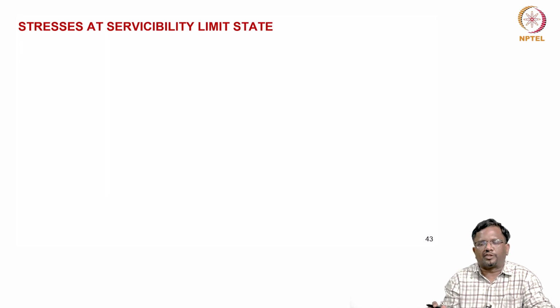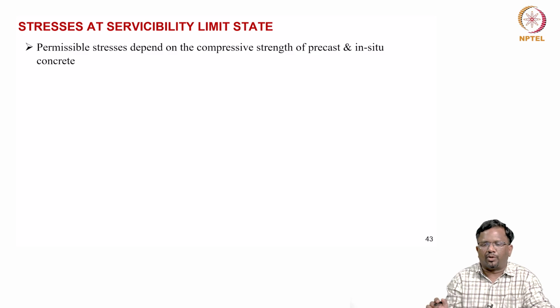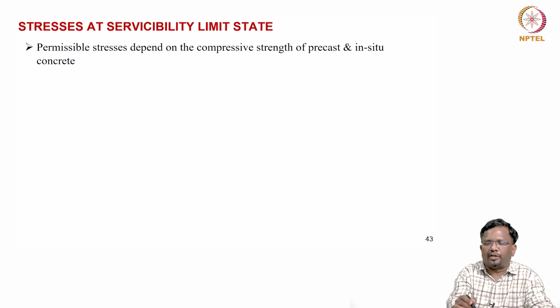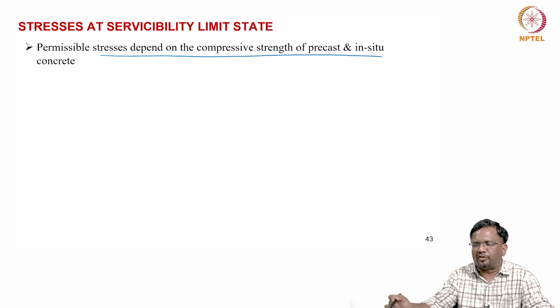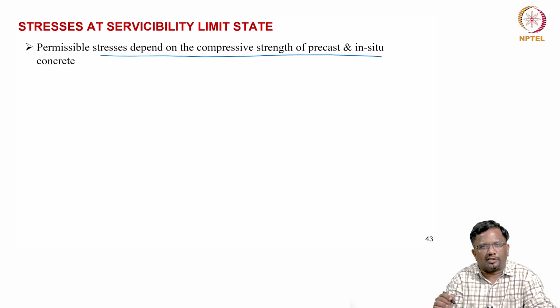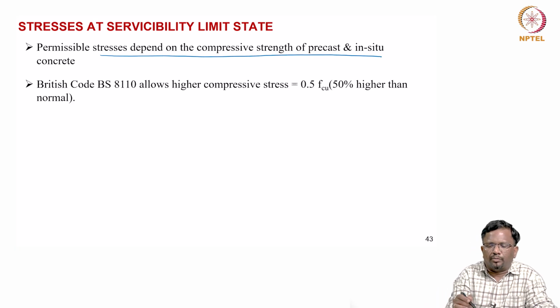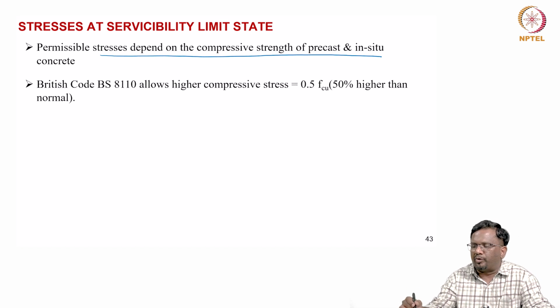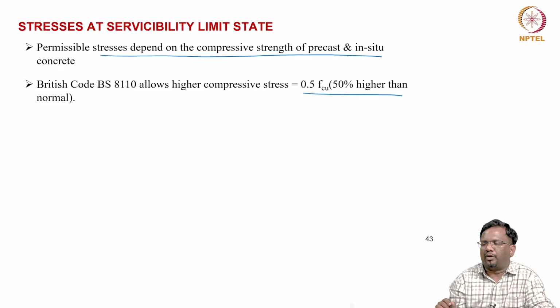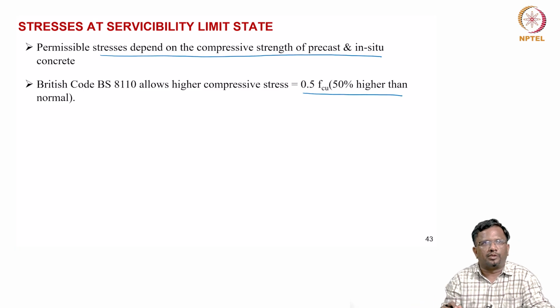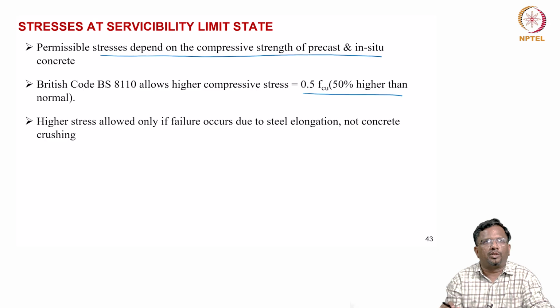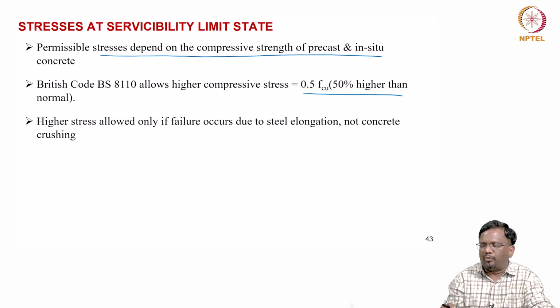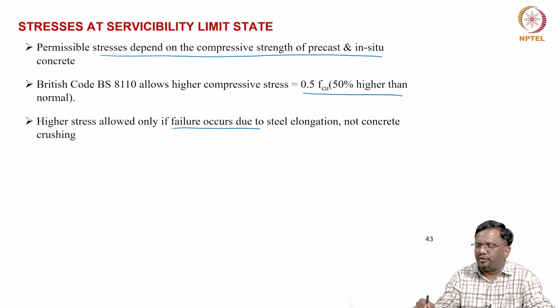Now we also have stresses at the serviceability limit state, and we need to be careful there, and we have to make sure of the permissible stresses. Again it depends upon the compressive strength of the precast and the cast in situ concrete. The British code allows high compressive stress, typically up to 50% higher than the normal, and higher stresses are allowed only if the failure is due to steel elongation.